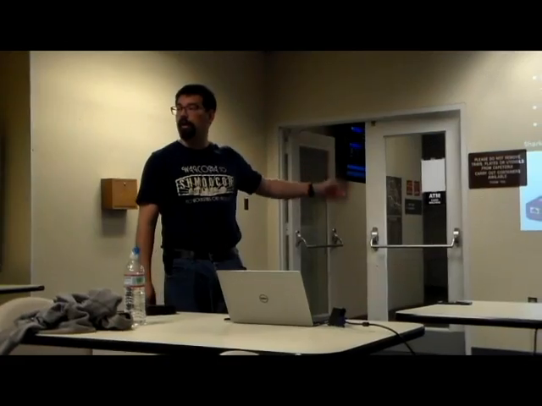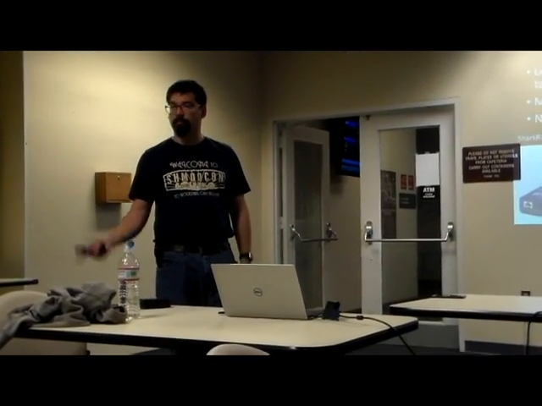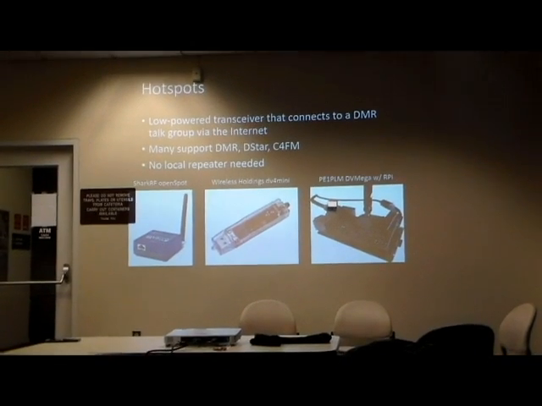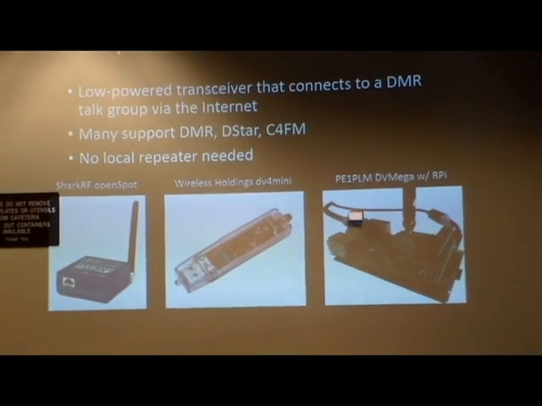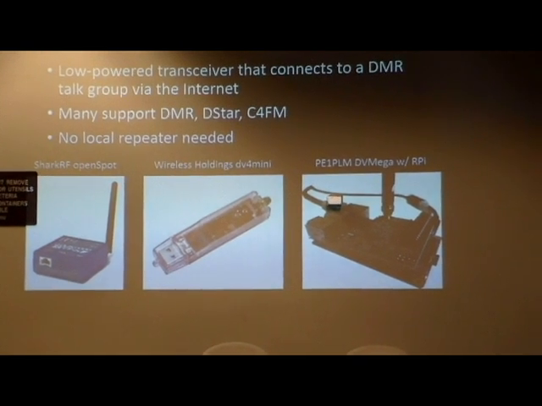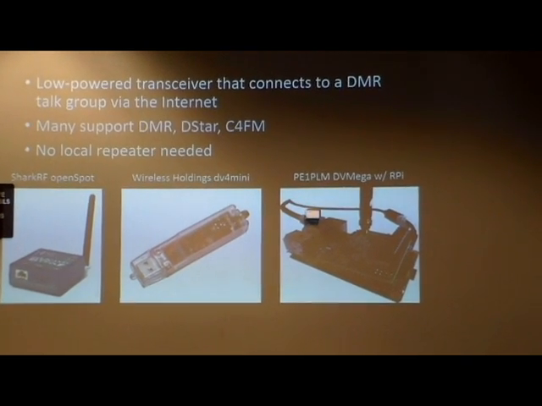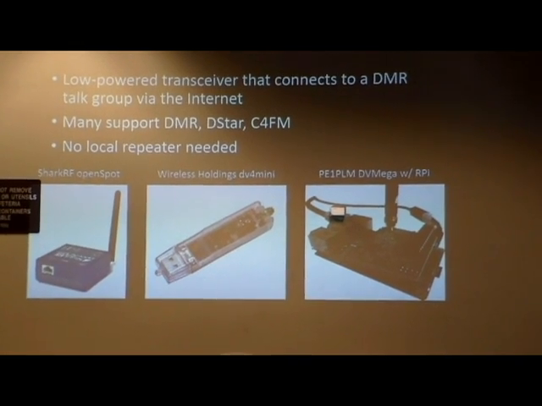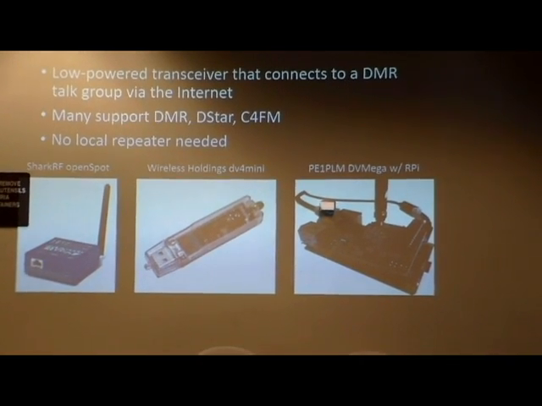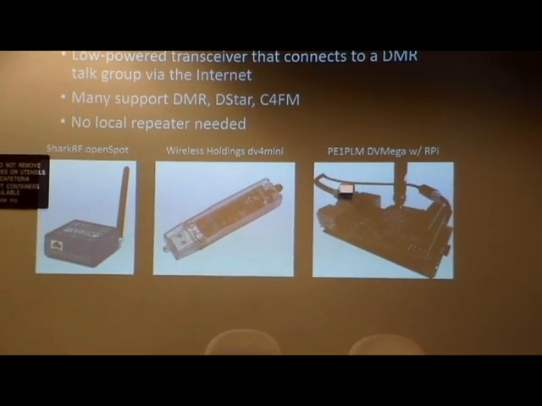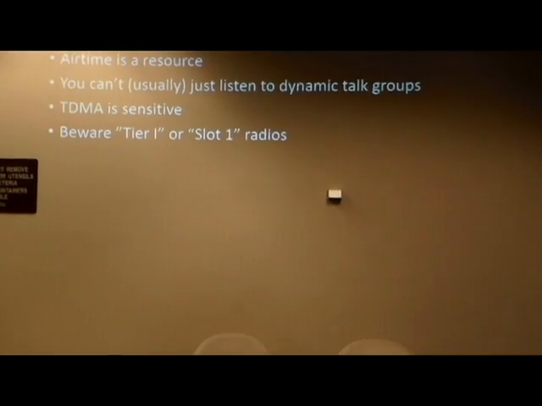The DV4 Mini, which I know a lot of people have used here in Maryland for D-Star, unfortunately does not perform very well for DMR. There are some issues there with the software that Wireless Holdings is working on. The Shark RF OpenSpot is one that I've used a great deal and is incredibly reliable for both DMR and D-Star, and I've heard C4FM, although I've never actually used it.